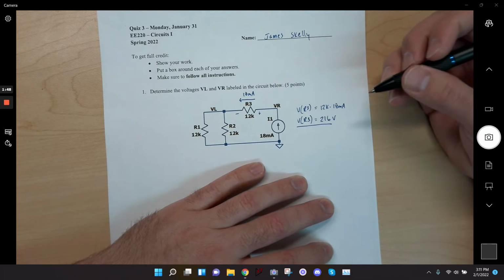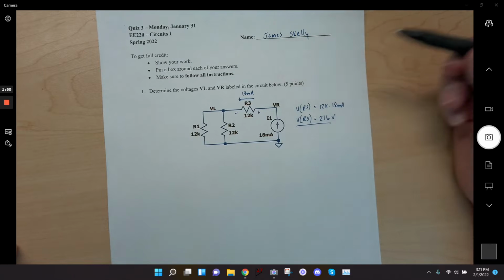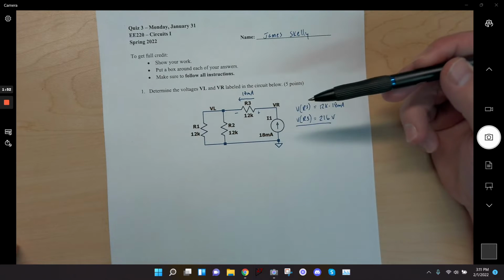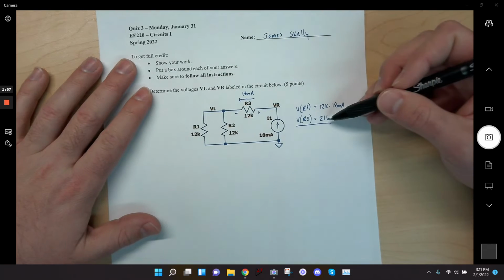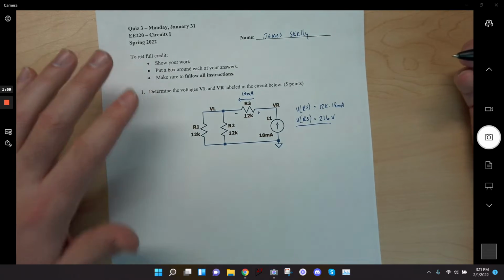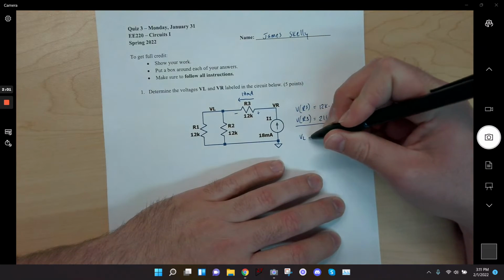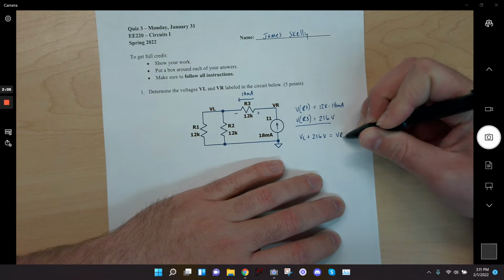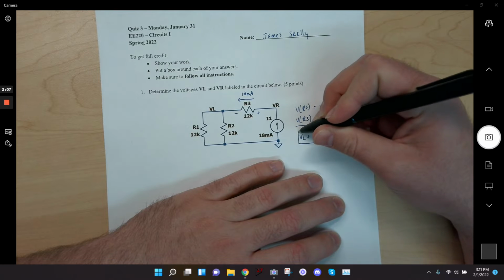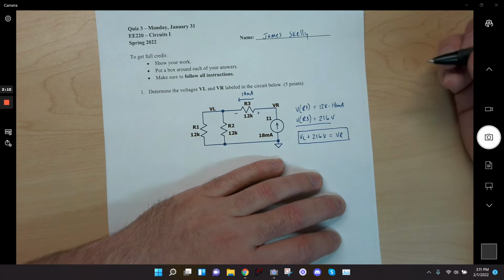Right now that doesn't tell me VR, and it doesn't tell me VL, but what it does tell me is that VR is greater than VL by 216 volts. Or in other words, VL plus 216 volts gives me VR. So we can keep that in mind, but we still don't know VL and we still don't know VR.